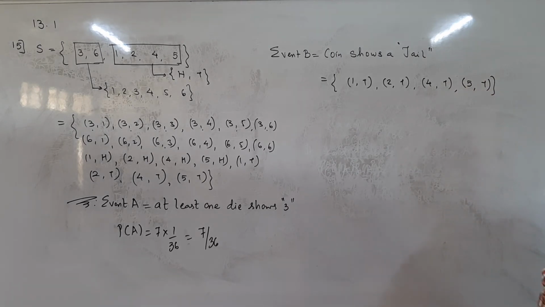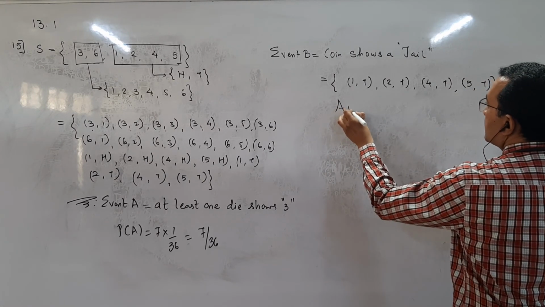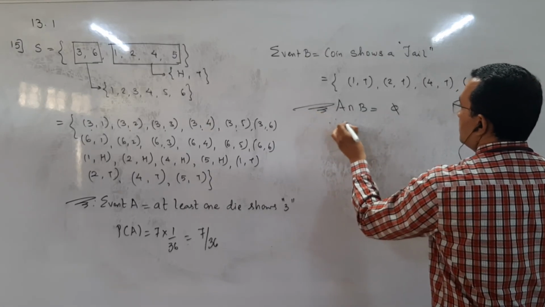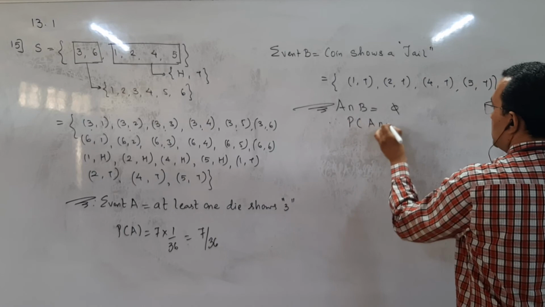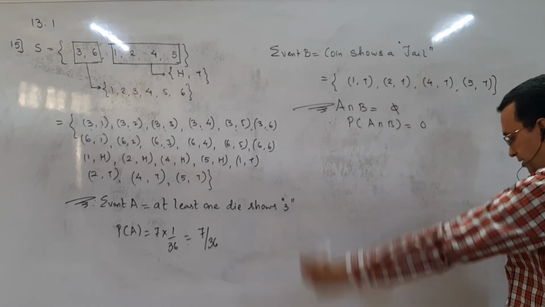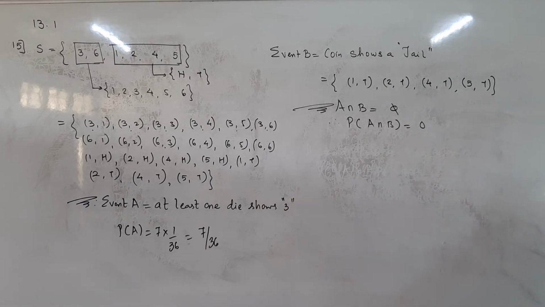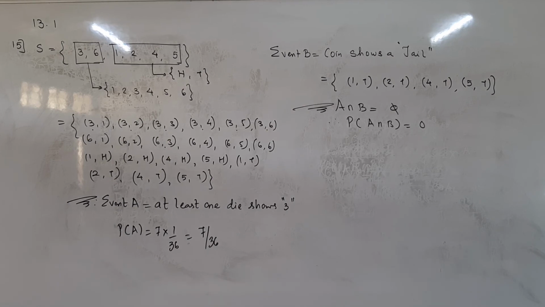And definitely A intersection B is the null set. A and B are mutually exclusive events. So the probability of A intersection B turns out to be 0 for mutually exclusive events A and B. P of A intersection B will be 0.